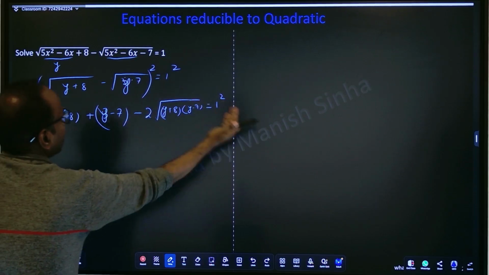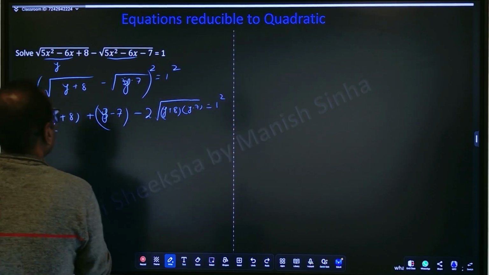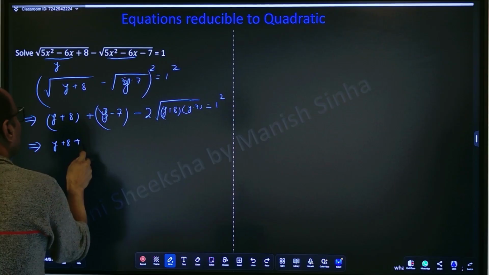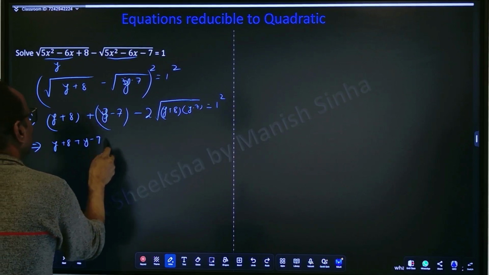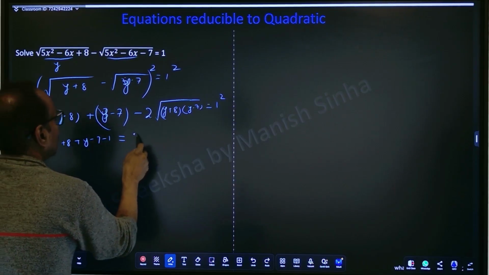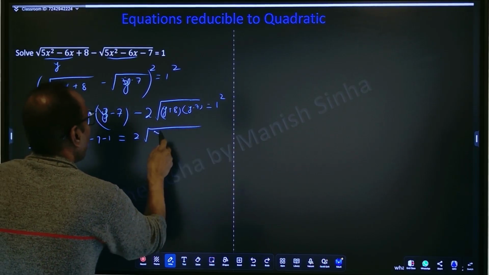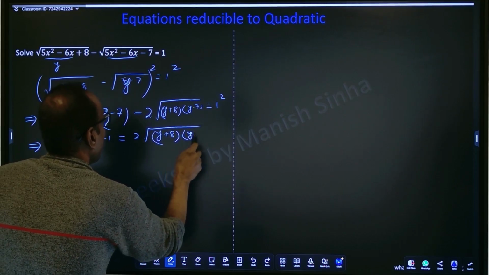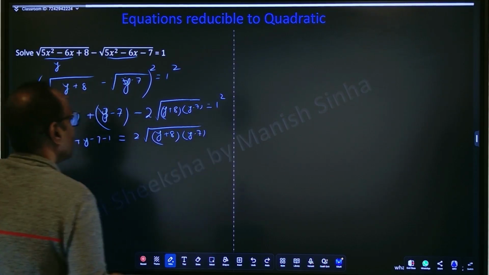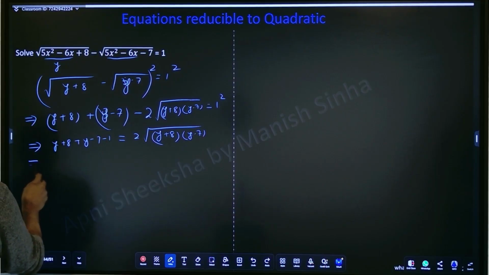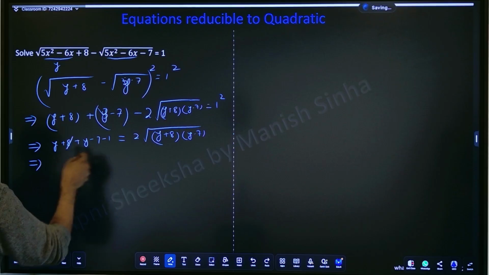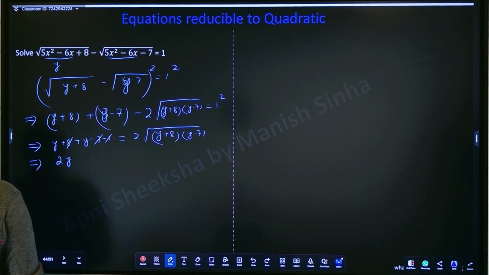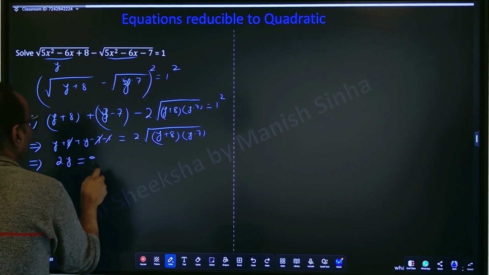So negative 1 you will take this side and 1 you can bring this side. So this is y plus 8 plus y minus 7 minus 1, which is 2y, equal to 2 times the root.